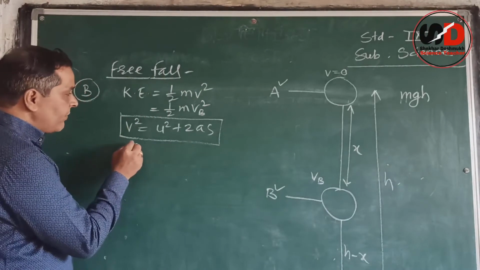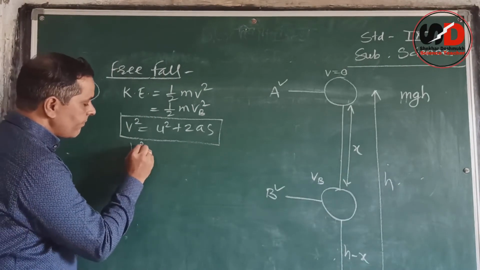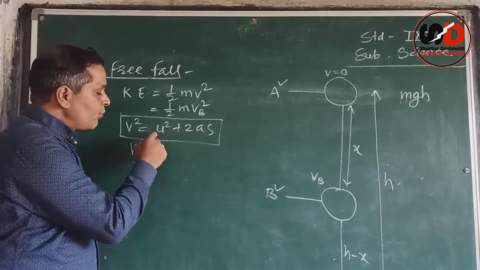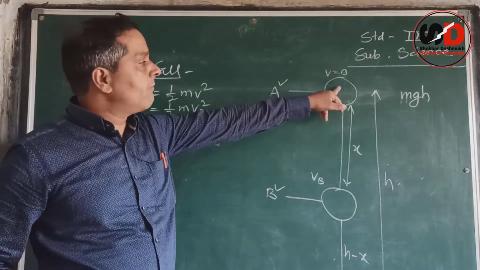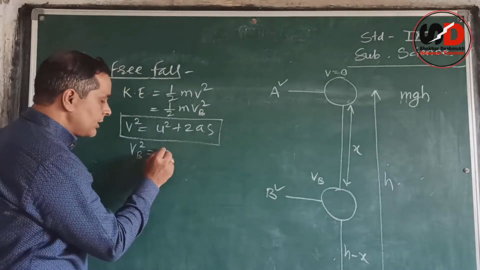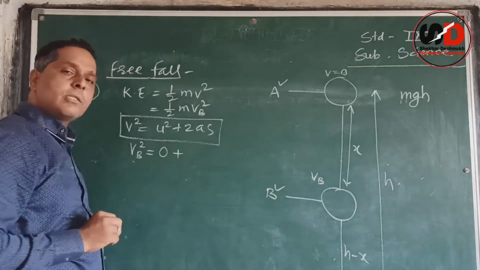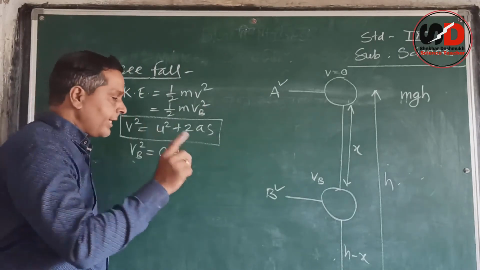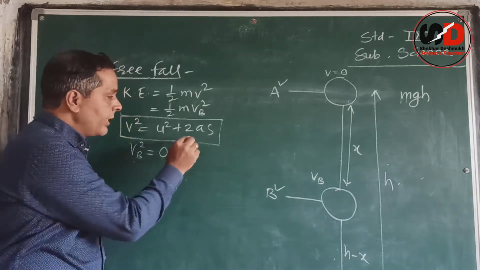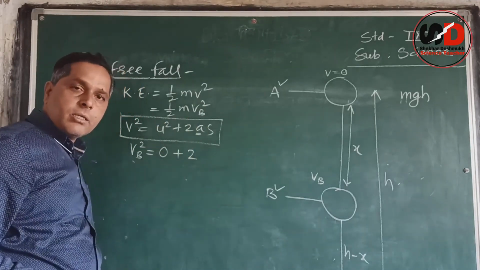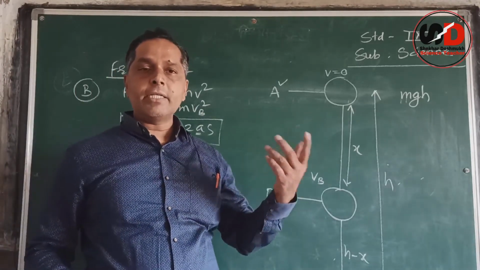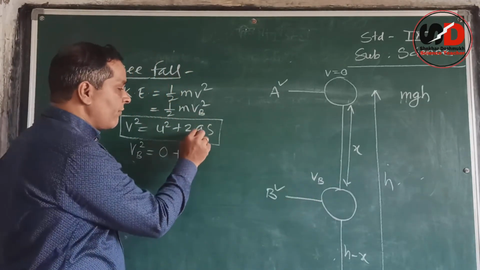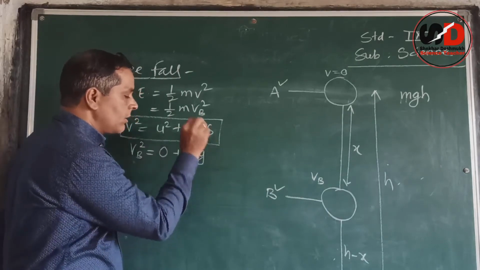So what is vb square? It is u square plus 2as. What is the value of u? U means initial velocity, and initial velocity is 0 here. So it is 0 plus 2as. Here a means acceleration. As the object is falling down, the acceleration is gravitational acceleration, and therefore instead of a we use g.